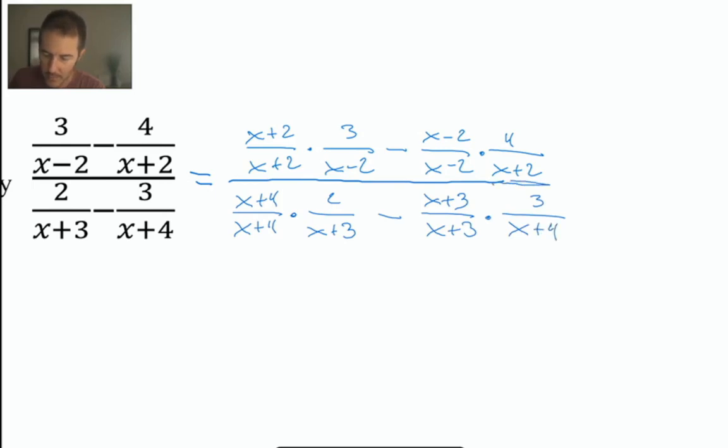I love that I got to use my favorite trick 4 times in one problem. This is multiplication by 1, this is multiplication by 1, here's multiplication by 1 again, and there it is again. All in an effort to create common denominators in the big numerator and in the big denominator.